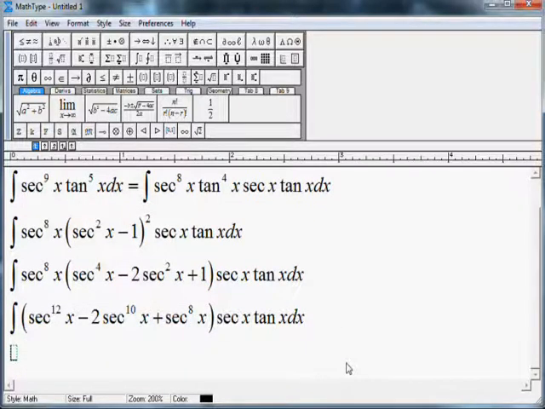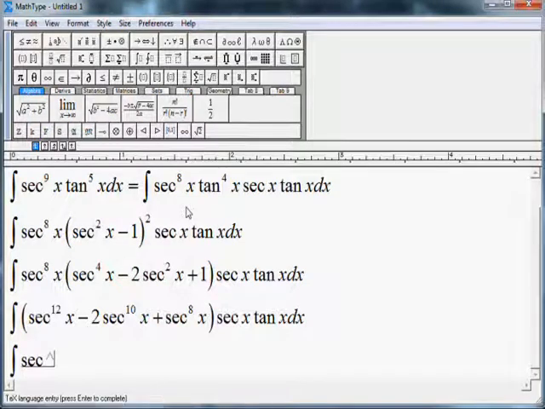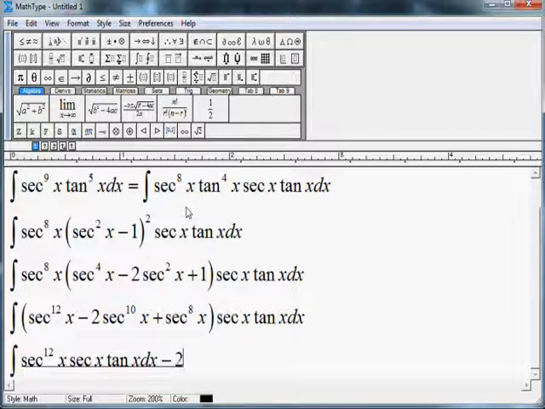Now this is 3 integrals: integral of secant to the 12th x times secant x tangent x dx, minus 2 times the integral of secant to the 10th x secant x tangent x dx, plus the integral of secant to the 8th x secant x tangent x dx.